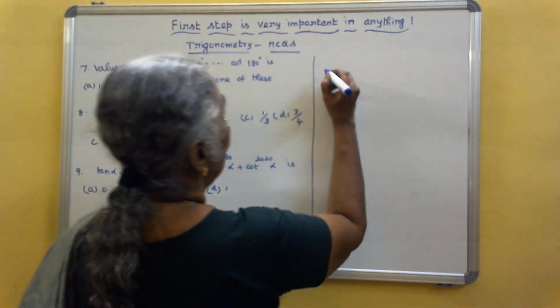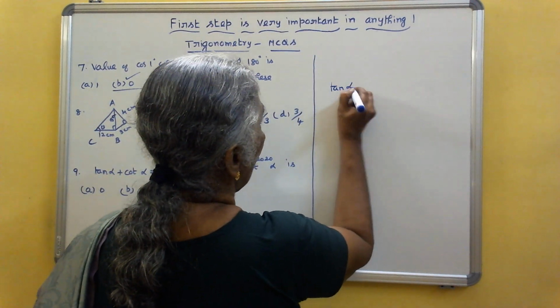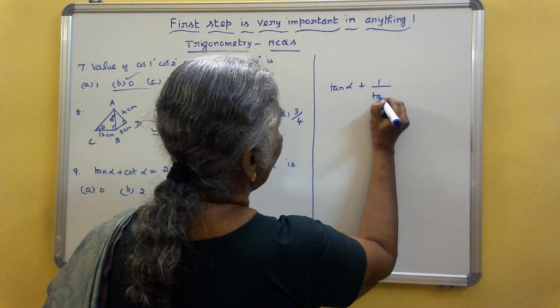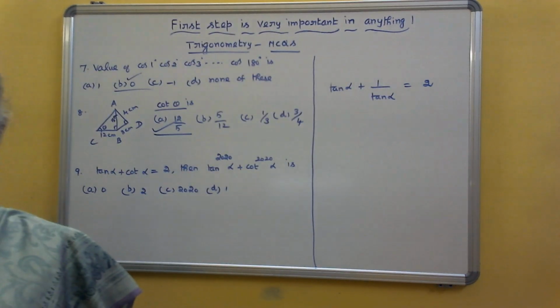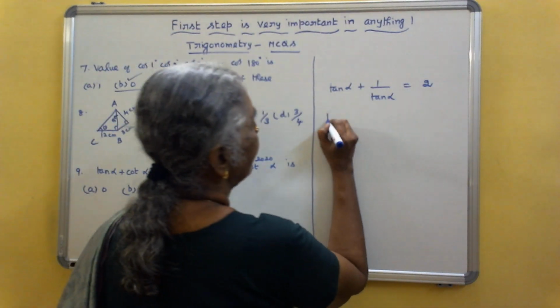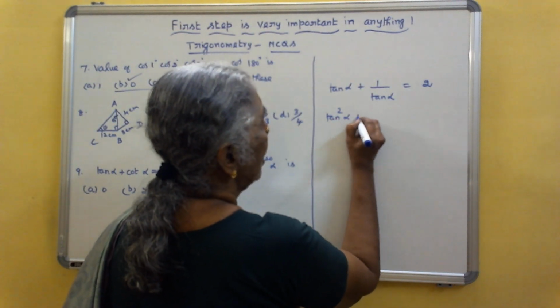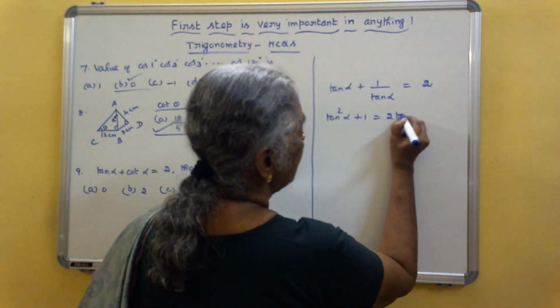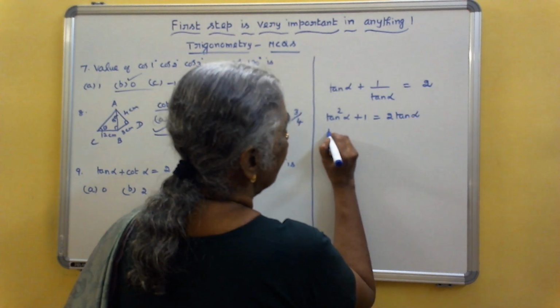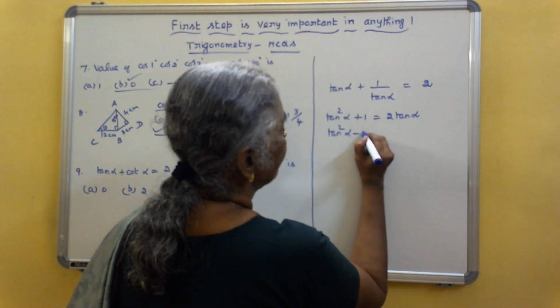Now you have tan alpha plus cot alpha. I am writing it as tan alpha plus 1 by tan alpha, that is equal to 2. Let me take LCM. So here I will get tan squared alpha plus 1, the tan alpha down, I will take that, I will get 2 tan alpha, right? Now I will bring that also this side.